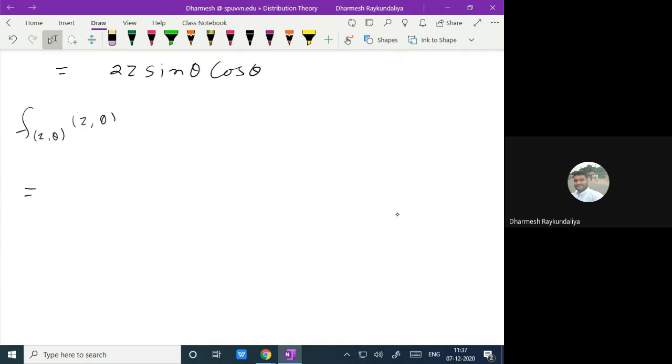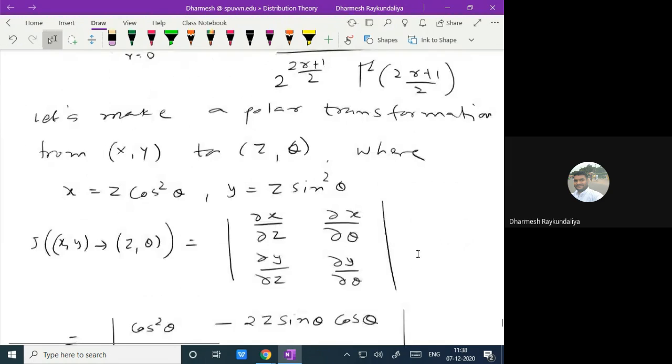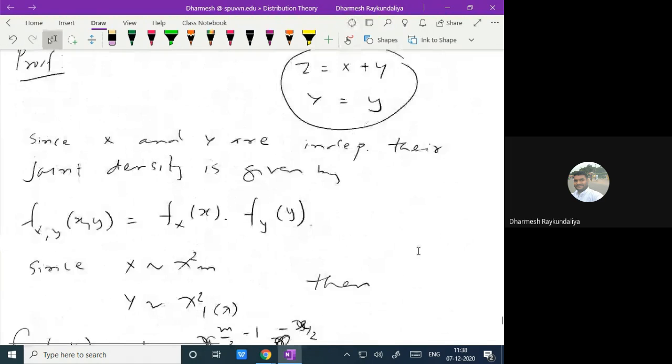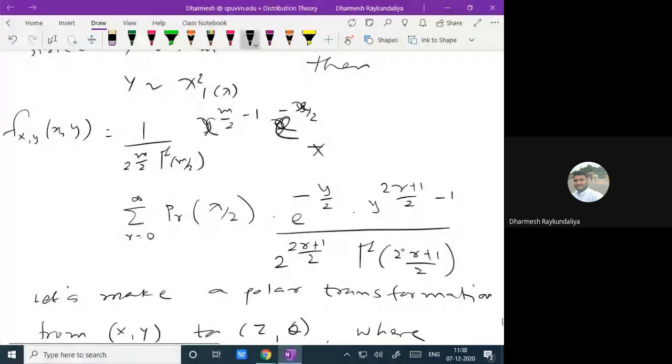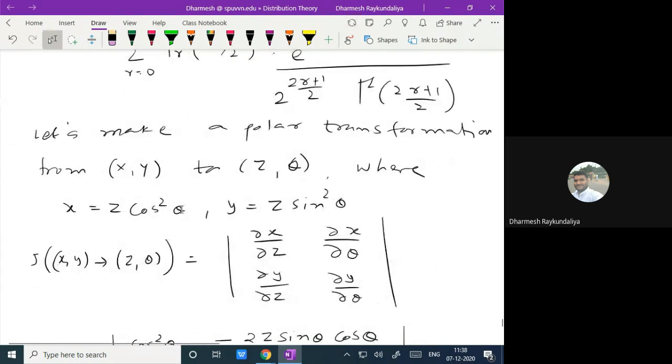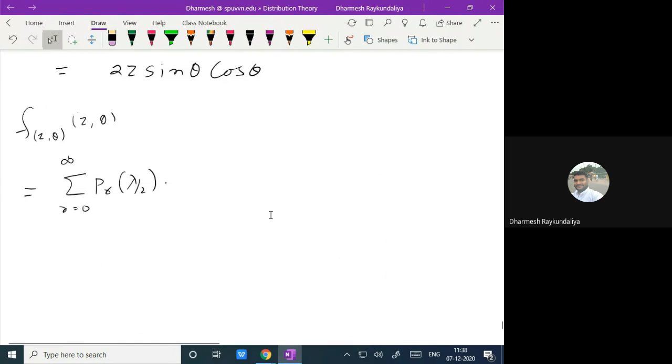Let us say we write summation r equal to 0 to infinity Poisson of lambda by 2 into, here you can see that e raised to minus x by 2 into e raised to minus y by 2, that is e raised to in bracket minus (x plus y) by 2. And what is x plus y? So x is equal to z cos square theta and y equal to z sin square theta. So x plus y is nothing but z into cos square theta plus sin square theta, that is 1. So it is z. So it is e raised to minus z by 2.